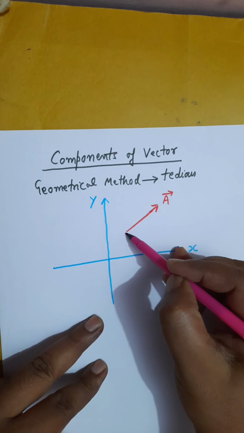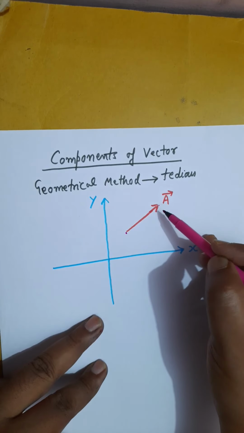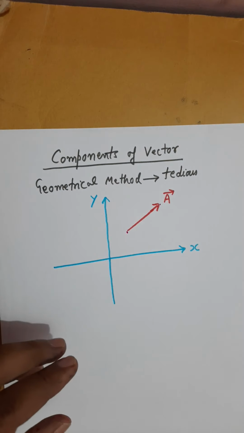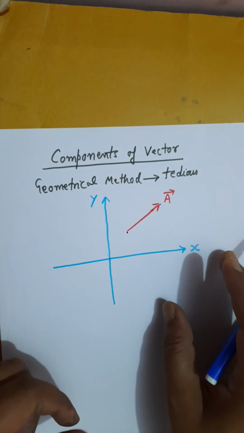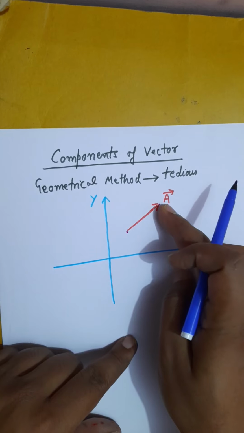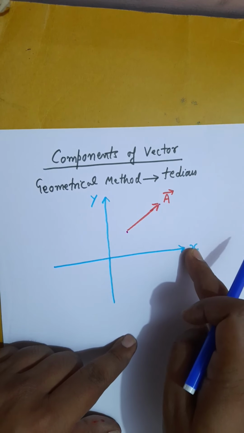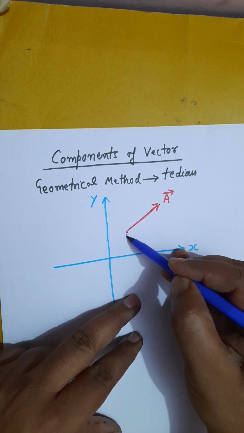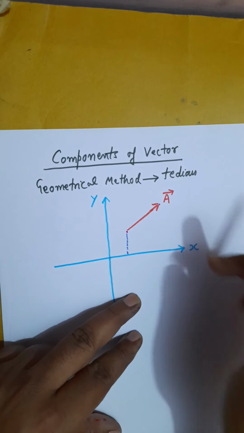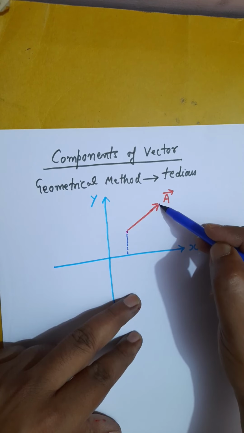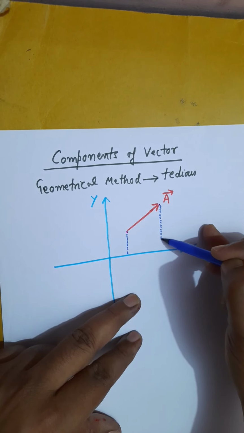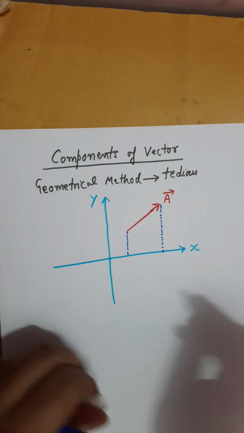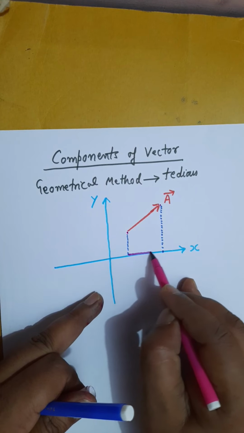This is one end of the vector and this is the other end. So if I drop perpendiculars from the two end points of the vector on the coordinate axis x, let me draw a perpendicular from this end to the x-axis and a perpendicular to the x-axis from the other end of the vector. Like so. By doing so, you will get this much length between the two perpendiculars.